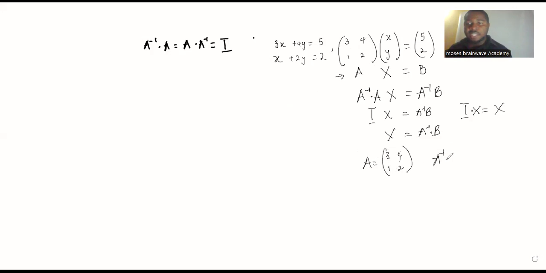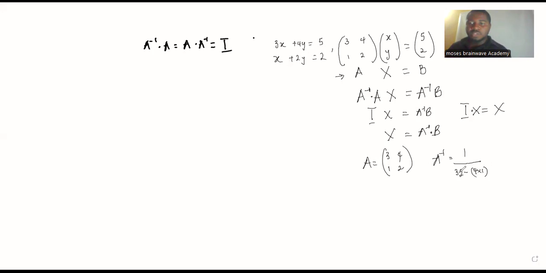Then our A inverse is going to be 1 over the determinant. The determinant of this is 3 multiplied by 2, then minus 4 multiplied by 1.